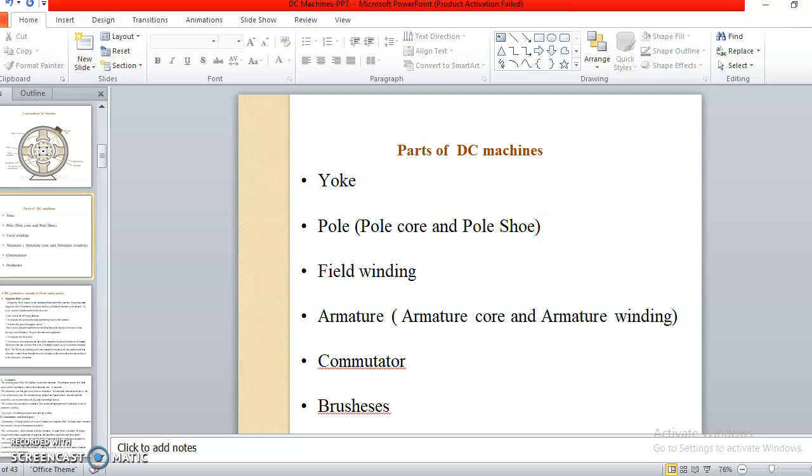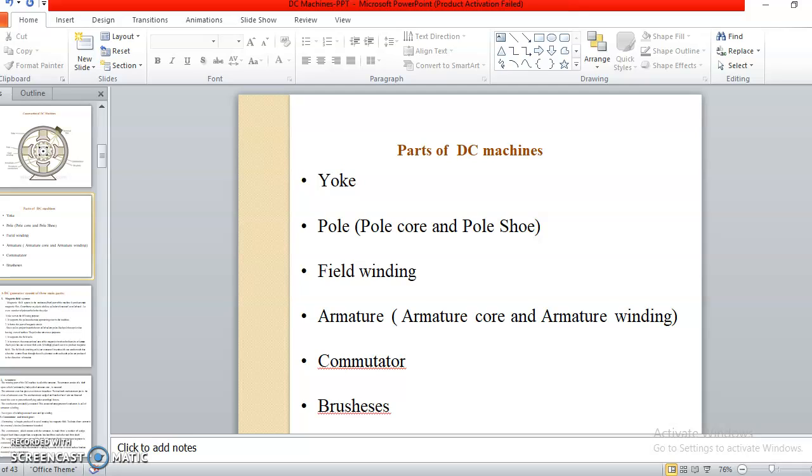The next part is the armature, which is further divided into two parts: armature core and armature winding. The armature core provides a house for the armature conductors or armature winding. Also, it provides low reluctance to the magnetic flux produced by the field winding.